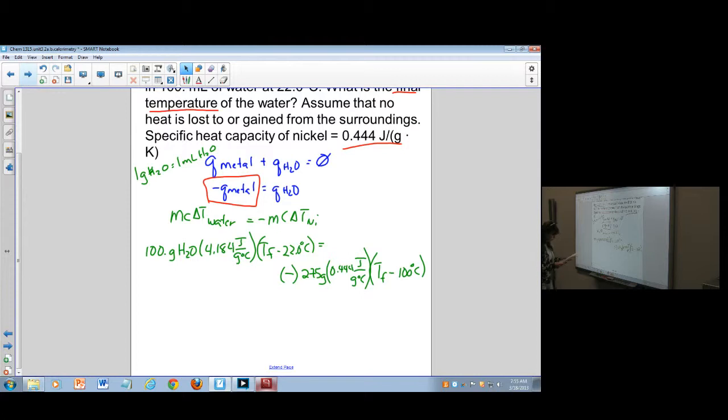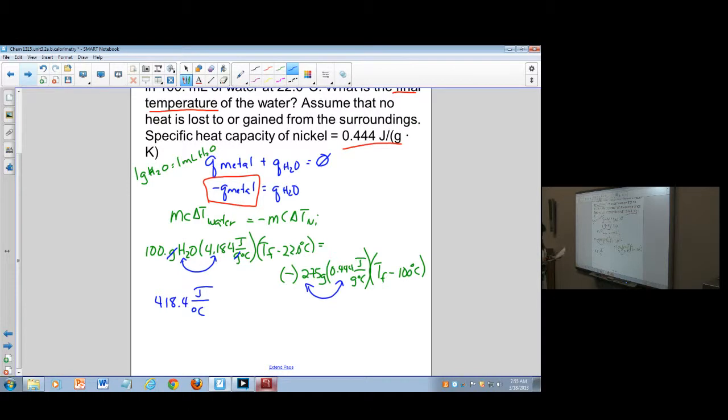You really do. Now, the next thing I'm going to do is set this up so that I have a value here and a value here. If I multiply 100 grams times 4.184, I end up getting 418.4. I got rid of my grams up here, so this is joules per degree Celsius, because I already canceled out those grams.